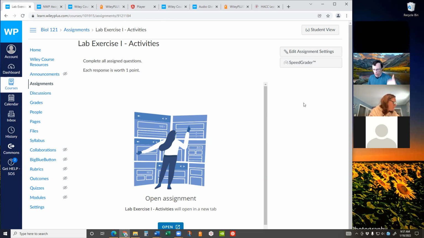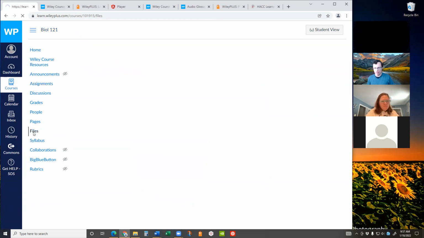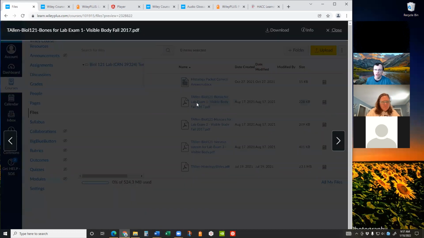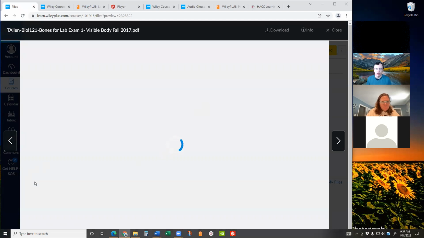In the lab portion of WileyPlus, please go to your Files tab and please access the file that says T. Allen Biology 121, Bones for Lab Exam 1. Bones for Lab Exam 1. Click that open on your computer screen. You should get a document that looks like what's coming up here. Okay, so just give me a second for this to load.